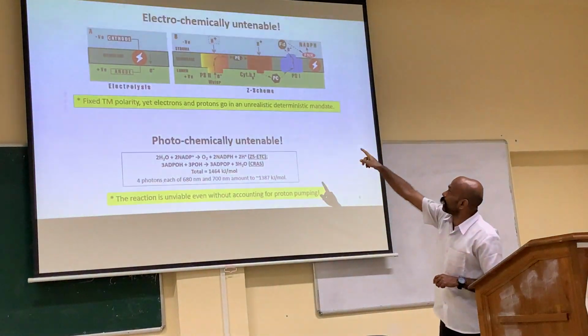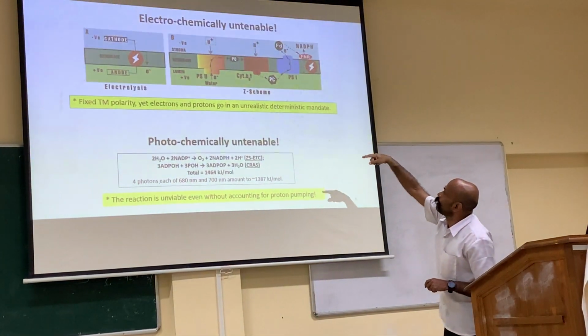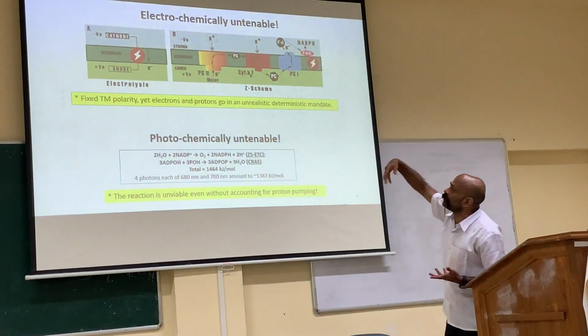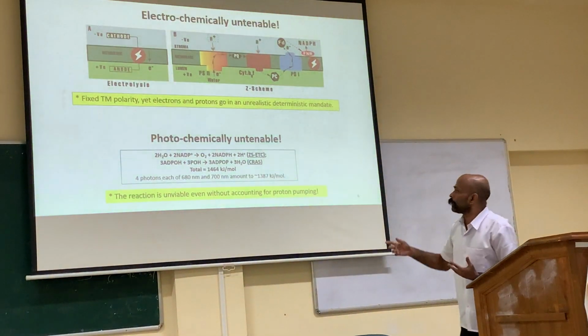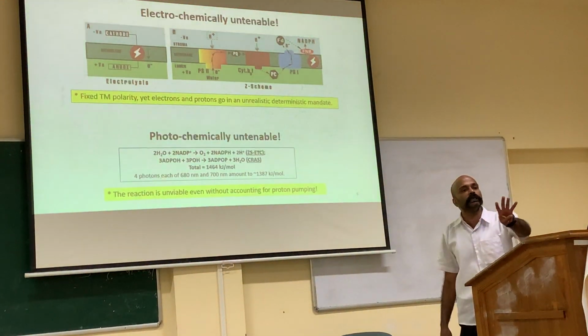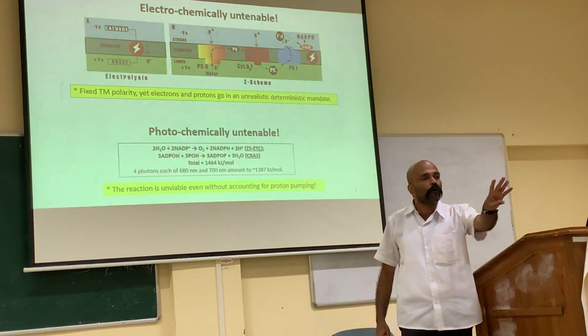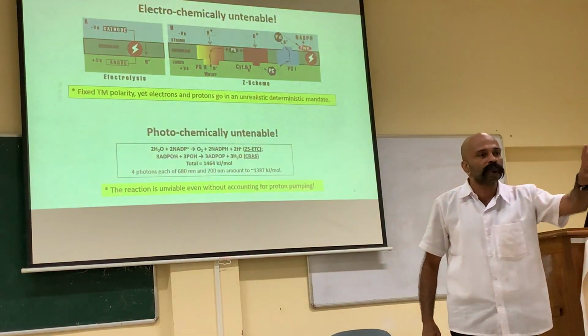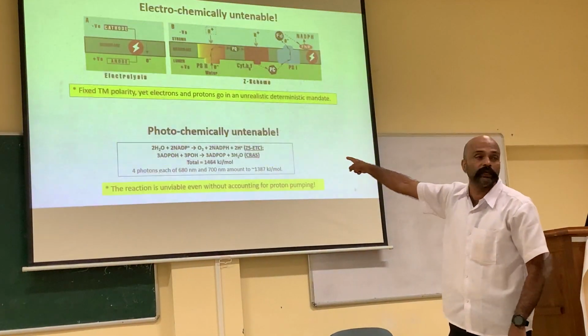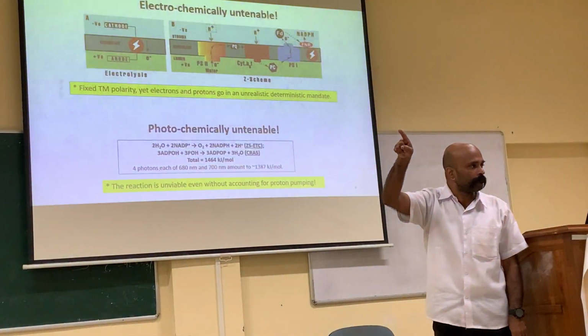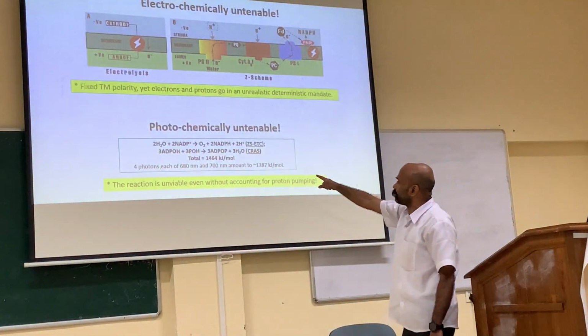So basically this I already said, the electrons are going here and there, the protons are going here and there. There is no abiding to any electrochemical laws. And then very clearly you can see the Z-scheme. You take 4 photons of 680 nanometers and 4 photons of 700 nanometers, as per the theory, and calculate how much energy it comes to.